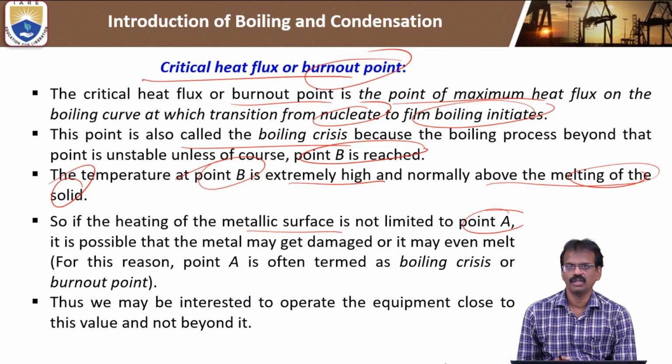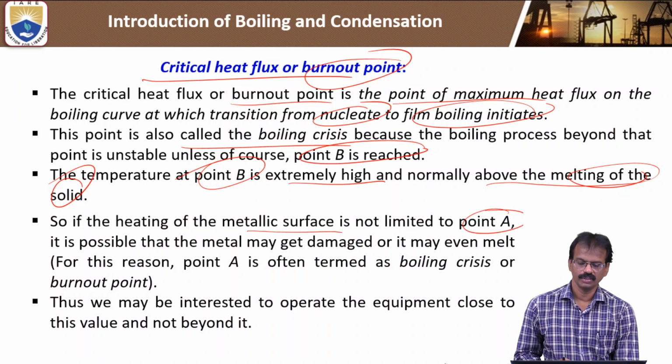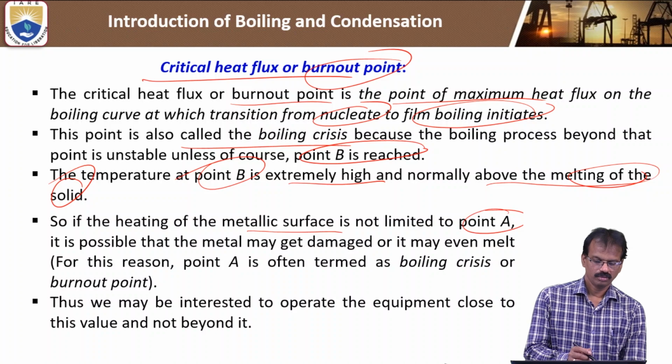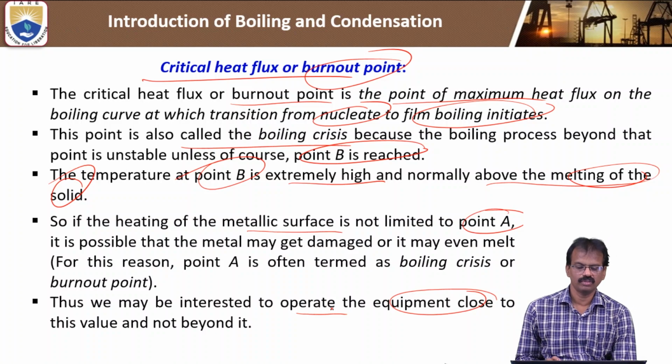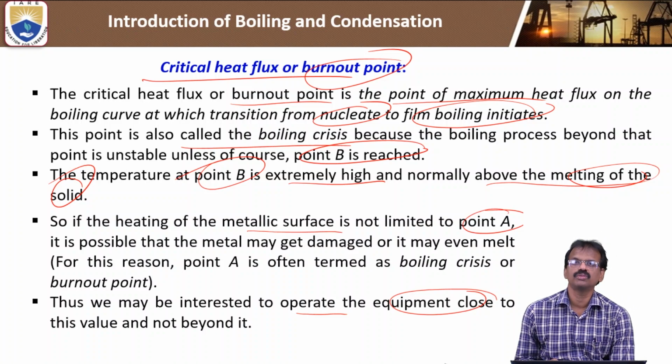So we have to identify the critical heat flux, for the protection of those metals. Thus we may be interested in operating the equipment close to this value, not beyond it. By identifying the critical heat flux, you can maintain the boiling process.